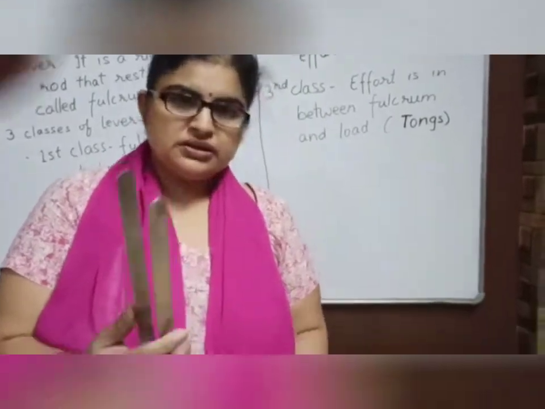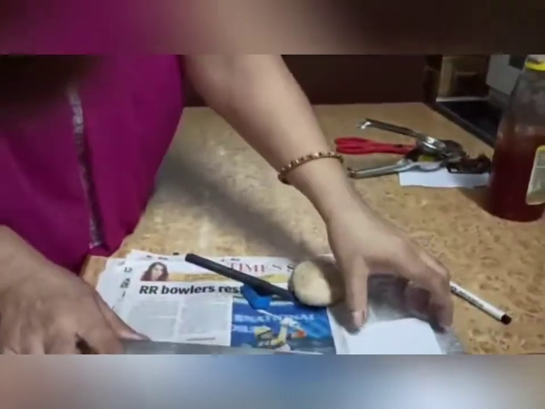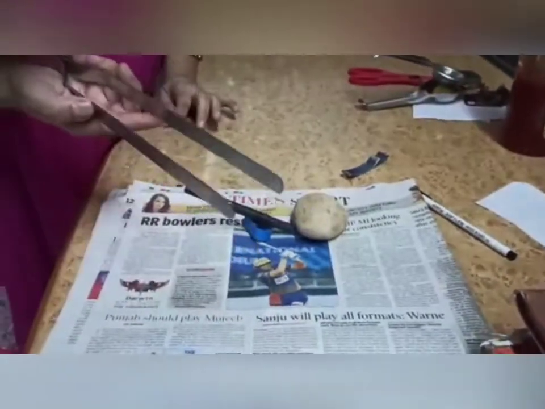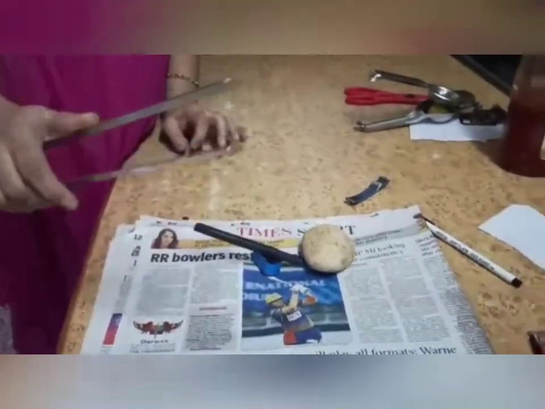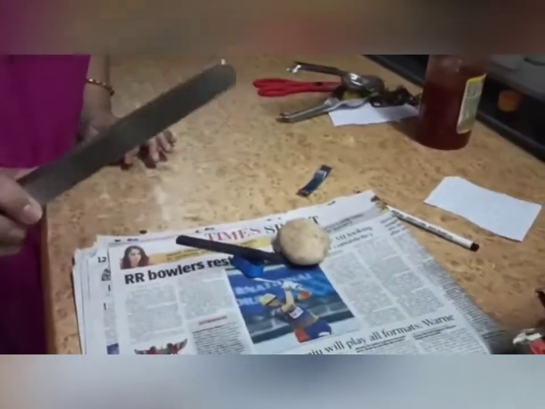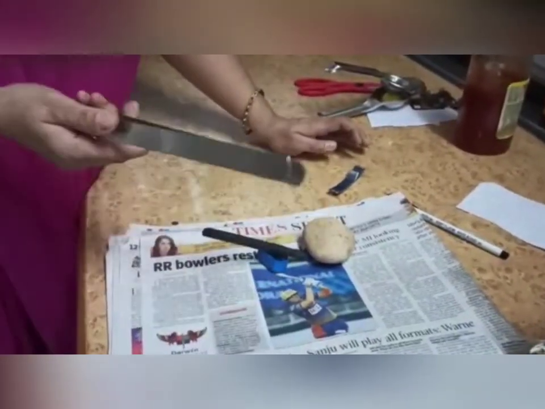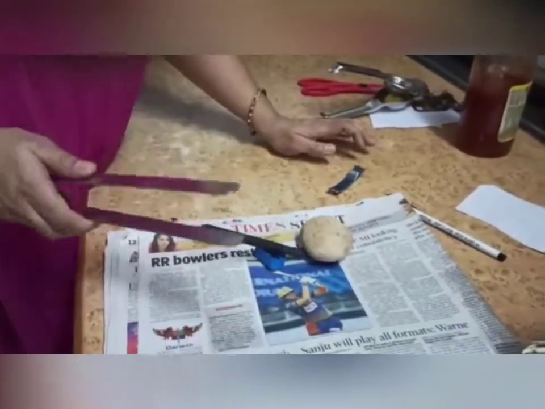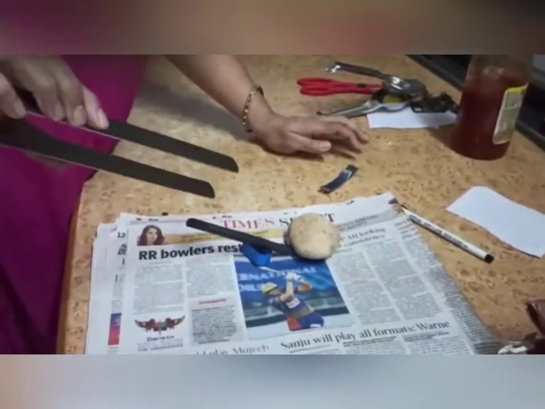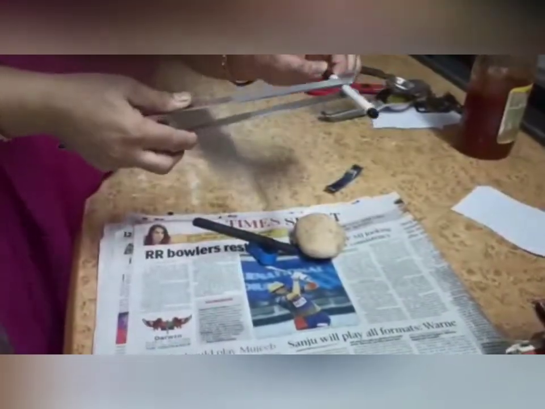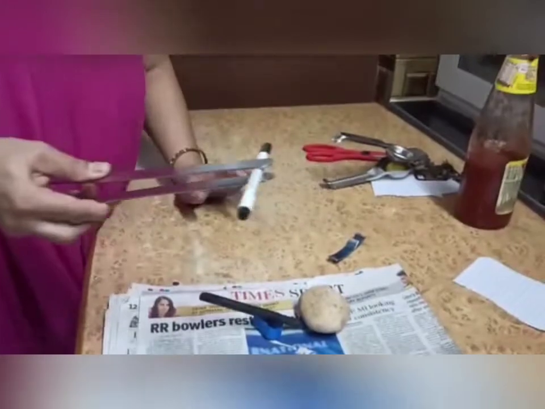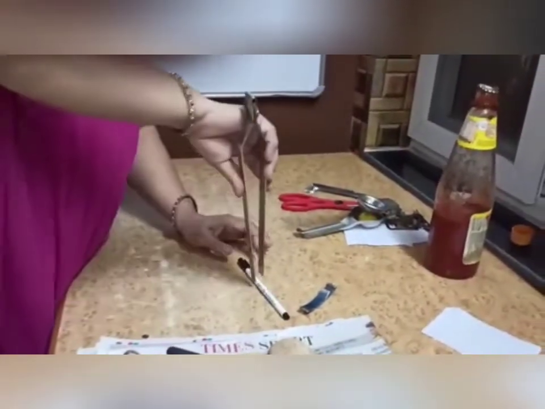Now the third class lever is where the effort is in between the fulcrum and the load. So for this, now listen to what we are doing. This is a tong. I hope you recognize it from when your parents are making chapati or using it in the kitchen. We use it to pick up anything hot. I want to pick this up and keep it here.